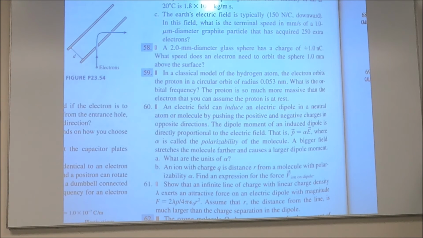Okay, so let's look at the equations that we've got.